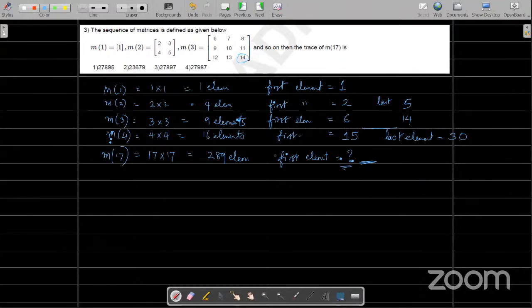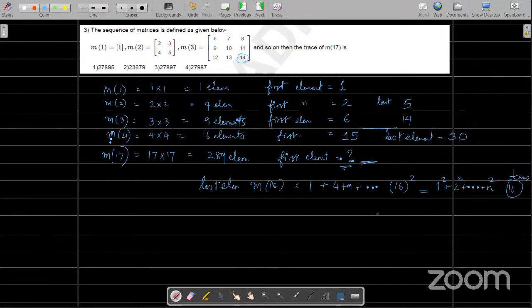So for M16, the last element of M of 16 should be equal to 1 plus 4 plus 9 up to 16 square, right? So this is nothing but the sum of the squares of the natural numbers up to 16.